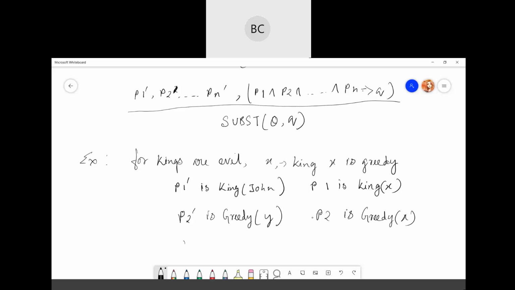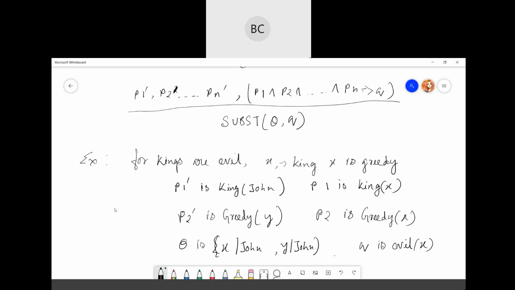The substitution theta is: we substitute x by John and y by John. Here we can infer that Q is Evil.